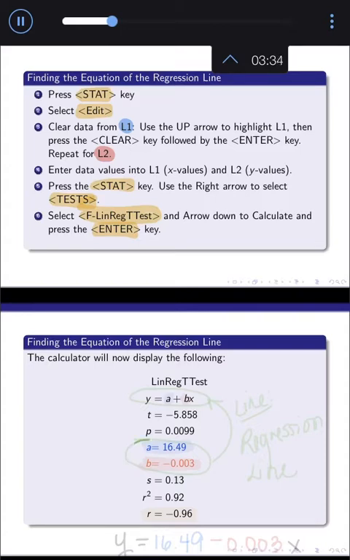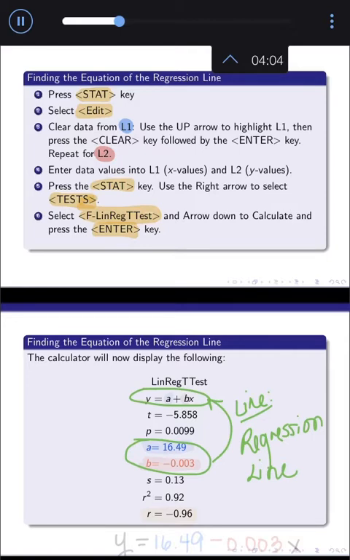We're going to take the a and the b, because they can be plugged into a line, y equals a plus bx. This line is going to be our regression line. The calculator is finding all of the information for our line for us.